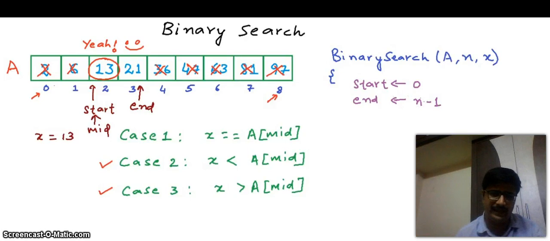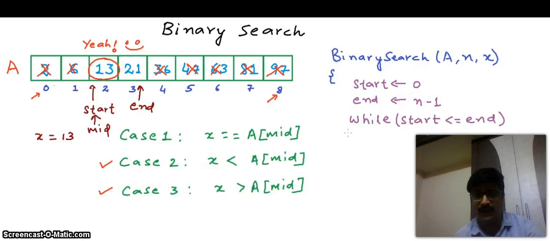Initially the whole array is the search space. Now I will write a condition here: while start is less than or equal to end. I will come back to why I am writing this condition. While this is true, we will find out the middle index of the search space as (start + end) / 2. And now we will write three cases.